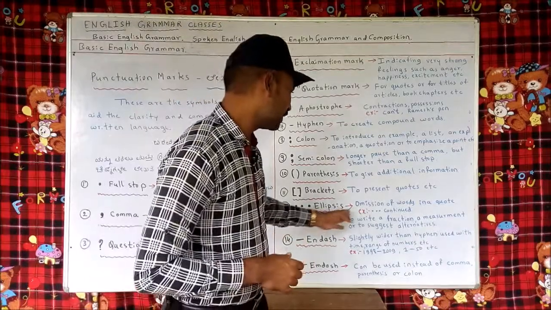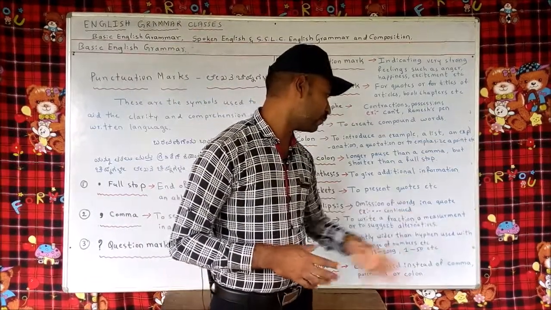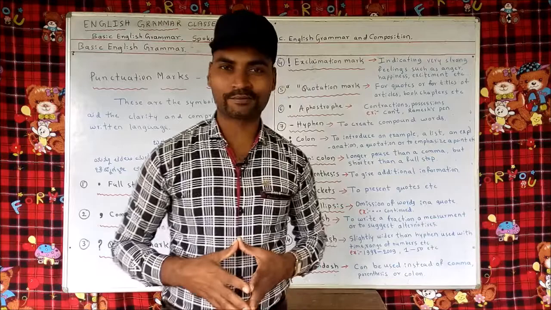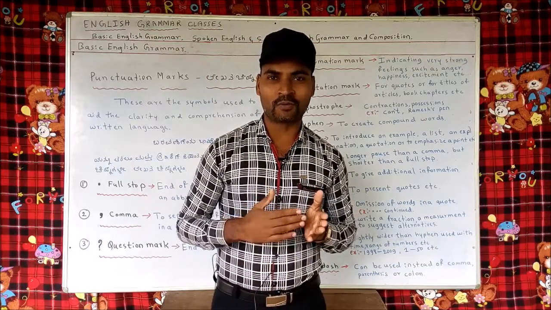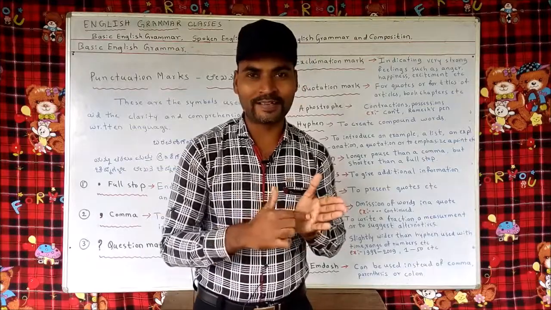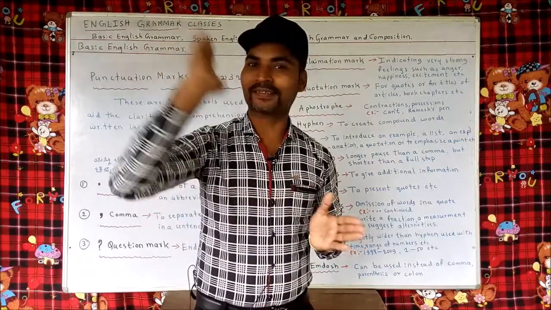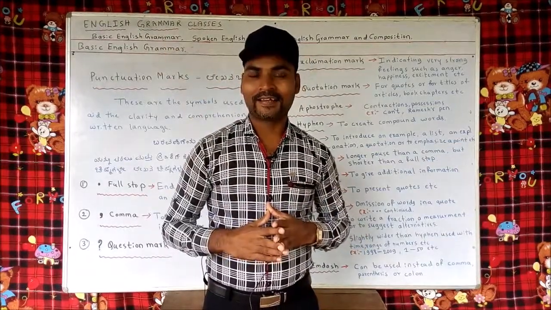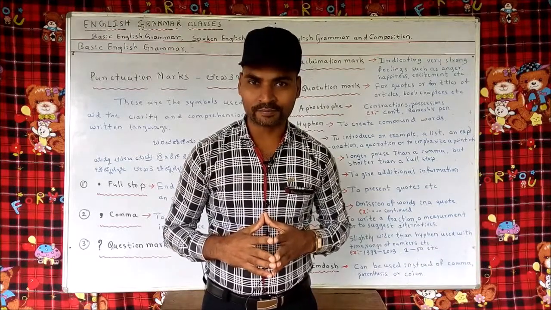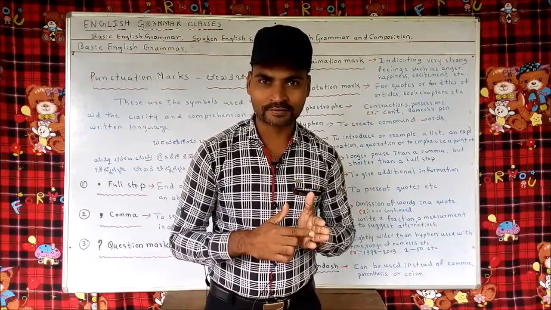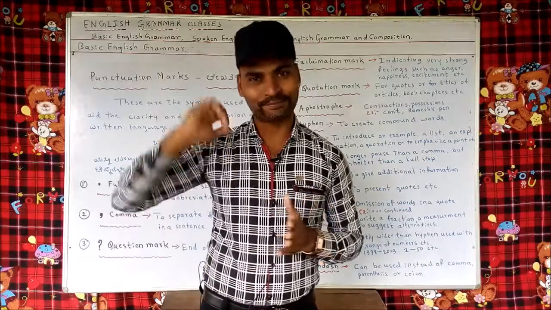Then comes ellipsis. Ellipsis means omission of words in a quote. Here, if we don't want to tell the whole story, we put 3 dots, meaning it continued like that. Once upon a time, there was a queen, ... She lived very happily.